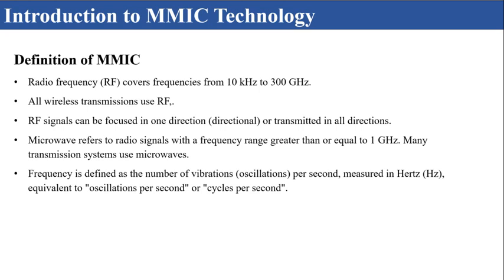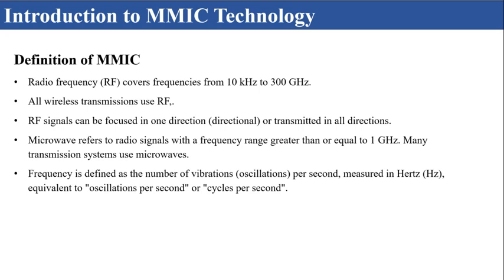Microwave refers to radio signals with a frequency range greater than or equal to 1 GHz. Many transmission systems use microwaves, including line-of-sight communication between buildings and long-distance communication, satellites, personal communication systems, and wireless local area networks.